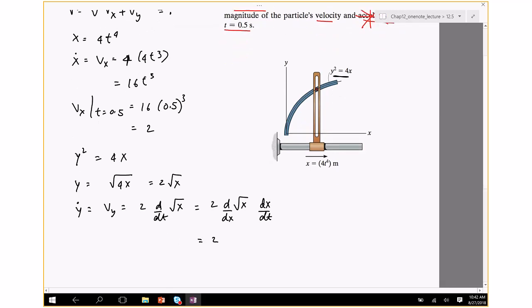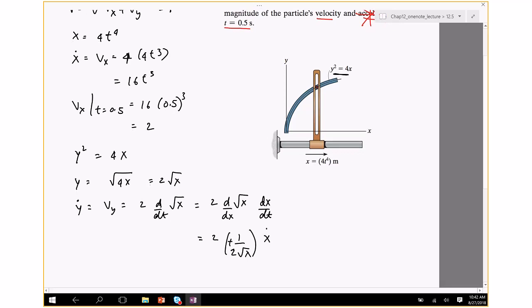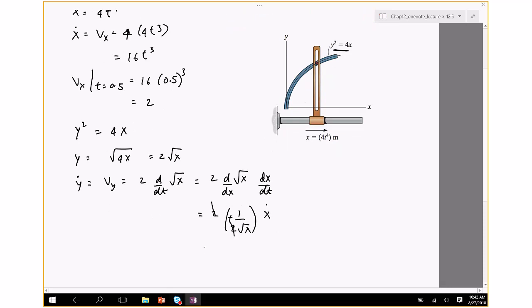The derivative of square root of x is 1 divided by 2 square root of x. Is that right? I think it's a negative. It's positive half, right? Okay, and this 2 cancels with this.